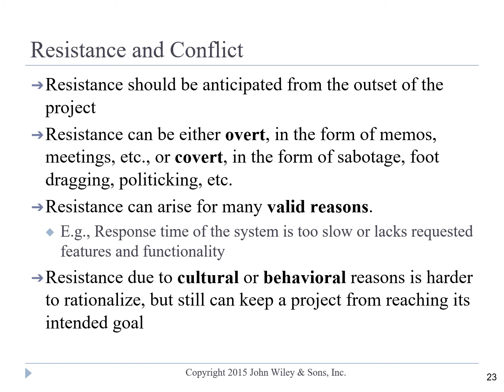And sometimes the resistance may be valid. Maybe they are not getting all the features that they were promised. Maybe the system is not performing as well as it was promised to perform. In all these cases, again, communication is the most important thing to make sure everybody understands why, if some features were dropped, and that you will get back to them and maybe add those in the future.